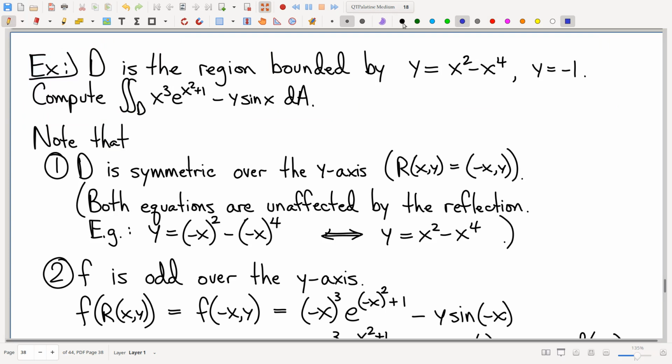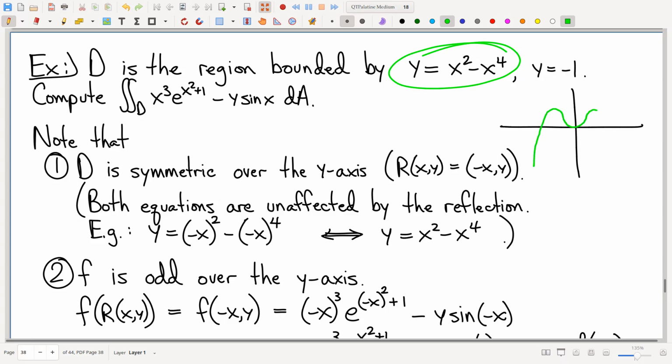First observation to make: if I were to draw this domain, let's draw x squared minus x to the fourth, and this is a Calc 1 thing. Y'all remember how to plot curves, and I claim that it looks approximately like this. Oh gosh, I'm doing my best to be artistically competent.